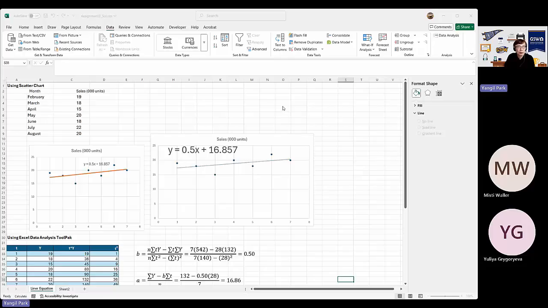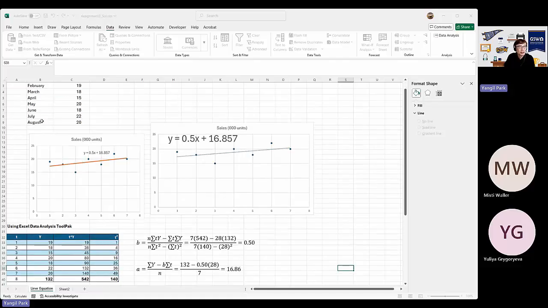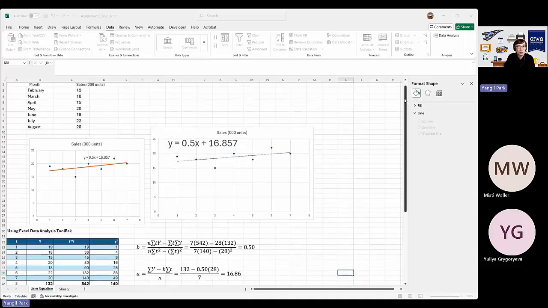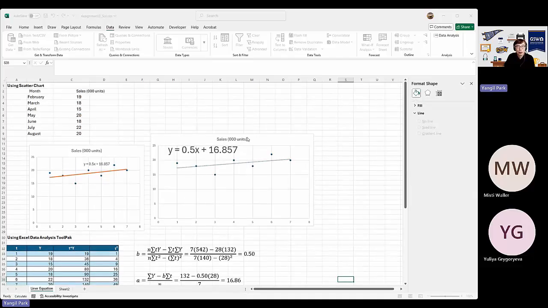Y is the output, so you select the range for Y. You select X, which is the input, the months from February to August. Then depending on whether you put it in the current worksheet or a new worksheet, you click OK.